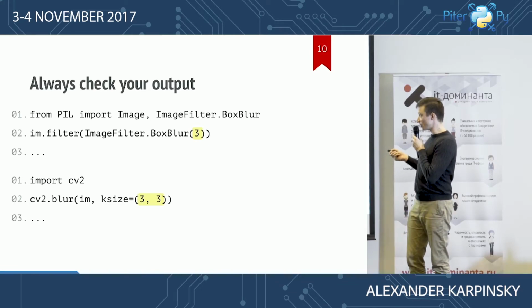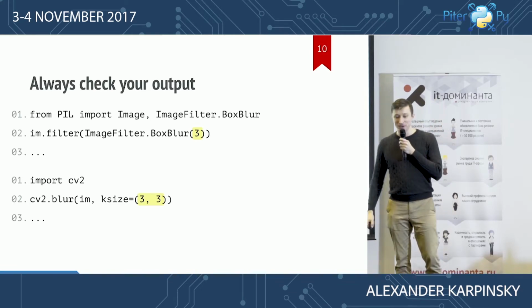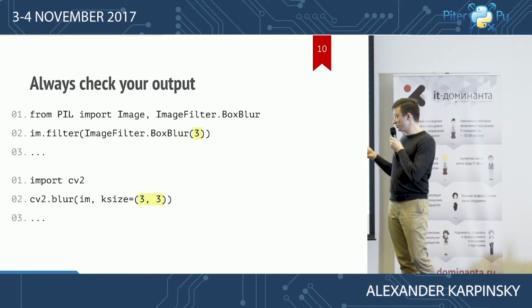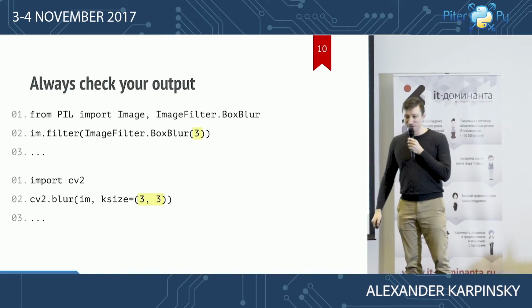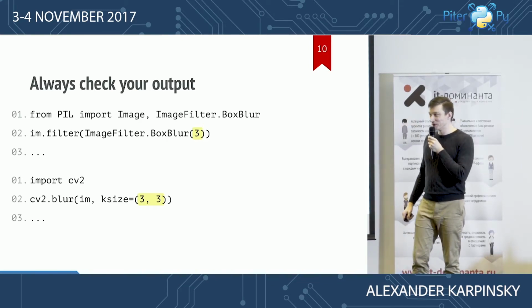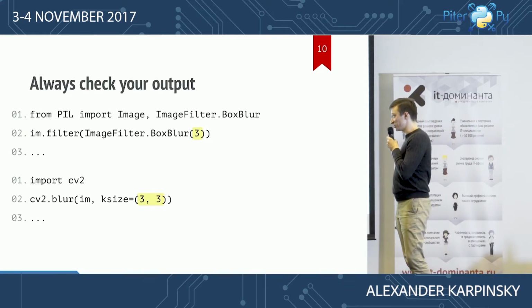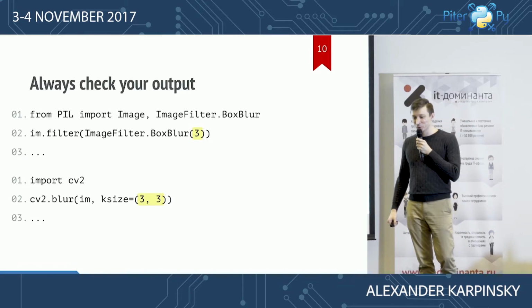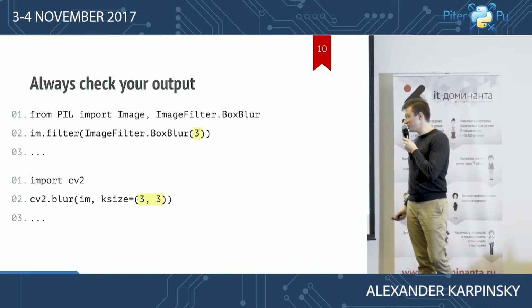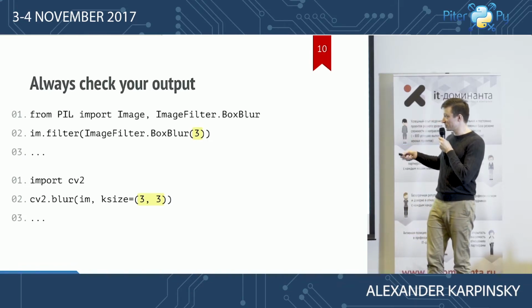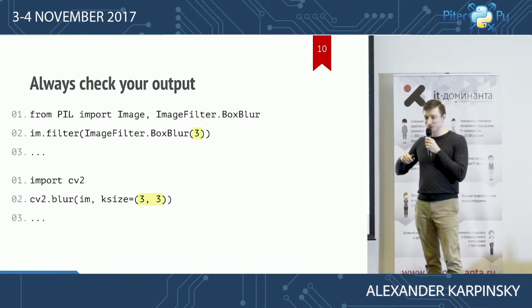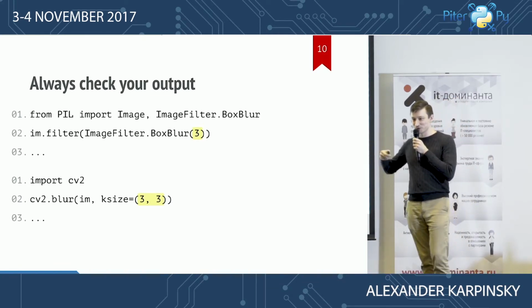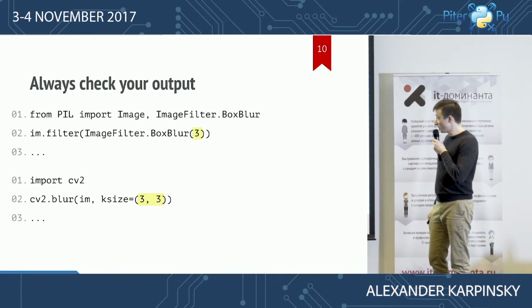In both cases, the parameter is 3, but the result is different. So the trick is that with PIL, it stands for the radius, and with boxFilter in OpenCV, it shows the diameter, and the right value for OpenCV would be 2 times the radius plus 1 in both directions.